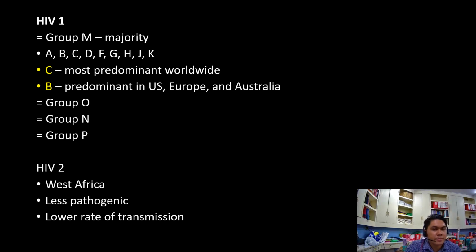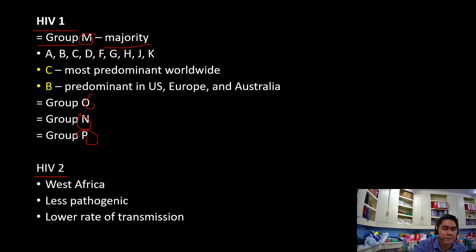There are two types of human immunodeficiency virus: HIV-1 and HIV-2. Regarding HIV-1, there are four groups: M, O, N, and P. The majority of cases of HIV infection are caused by group M, HIV-1.